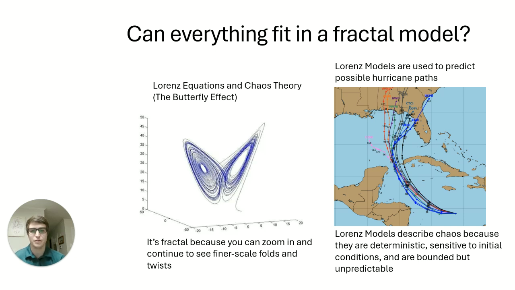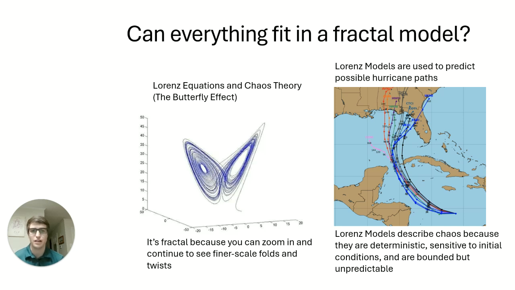And in South Louisiana, we have a lot of hurricanes that pass through, and they use something called Lorenz equations to predict the path of these hurricanes. Another way you can look at it is the butterfly effect. These models are very important in initial conditions to understand where the hurricane might go.